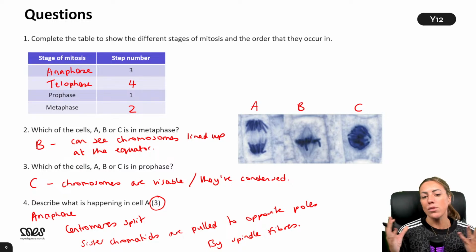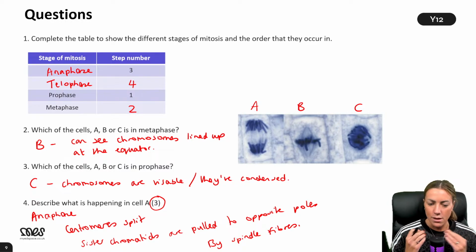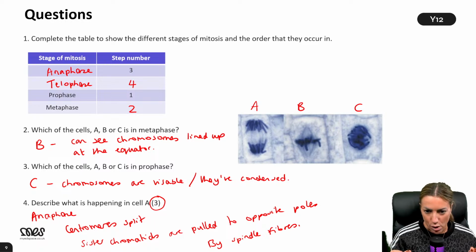Now you can call them chromosomes, okay? They will allow chromosomes are pulled to opposite poles. But strictly speaking, at this point, I would call them sister chromatids because you're going to split the centromere and separate the sister chromatids. Sister chromatids are pulled to opposite poles.